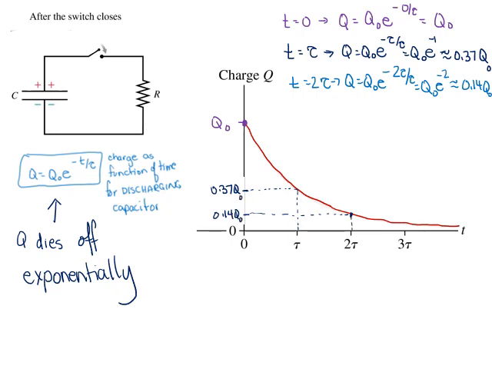This is kind of interesting. It gives you an idea of how fast that charge dies away. You can do that for a few different values. When you get down to t equals 5 tau, the amount of charge left on that capacitor plate is Q0 e to the minus 5 tau over tau. It's about equal to 0.001 times Q0. It's at this time we say that the capacitor is approximately discharged.